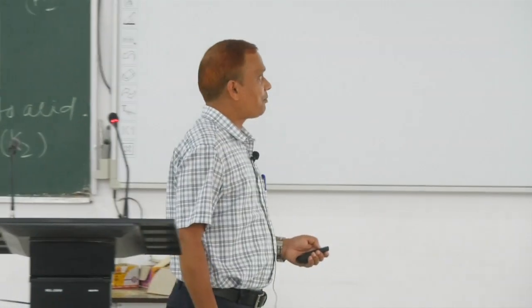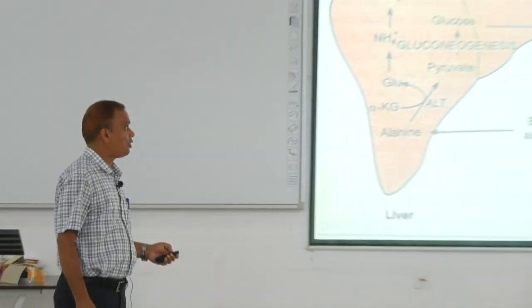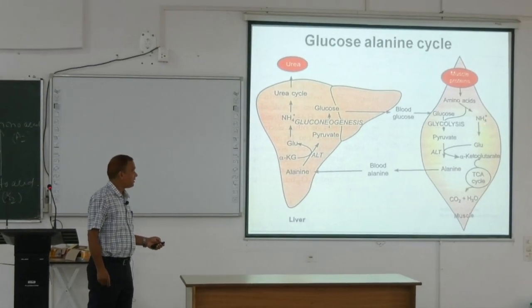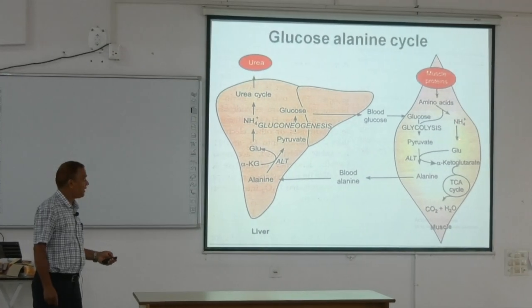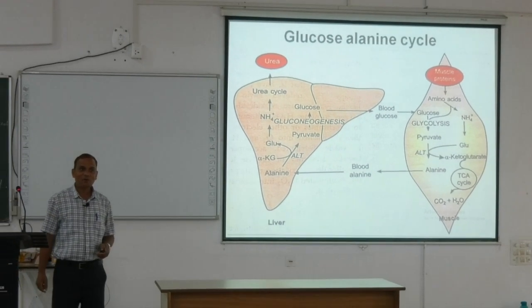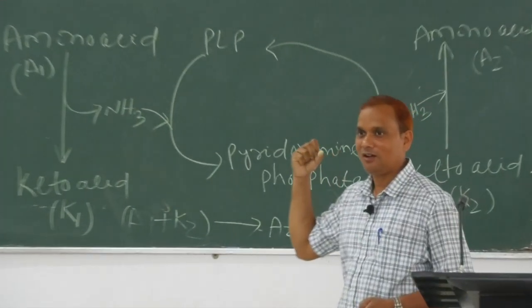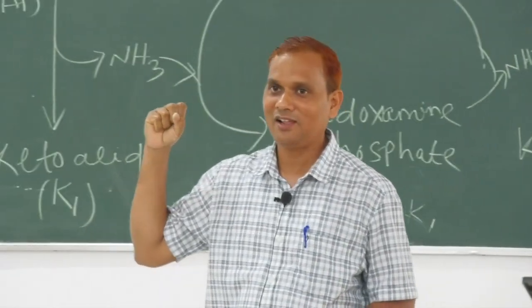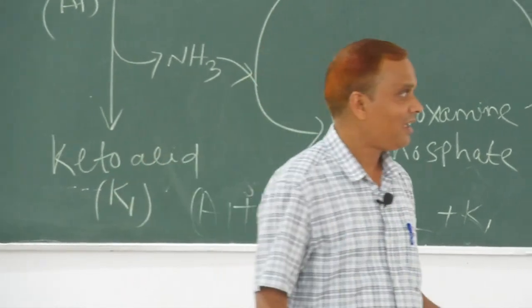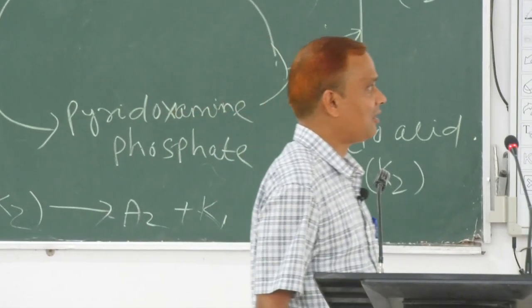After degradation, what will happen? The amino group will be carried by whom? I told you. Who is the carrier of nitrogen or ammonia? Glutamate. Now this glutamate is here.